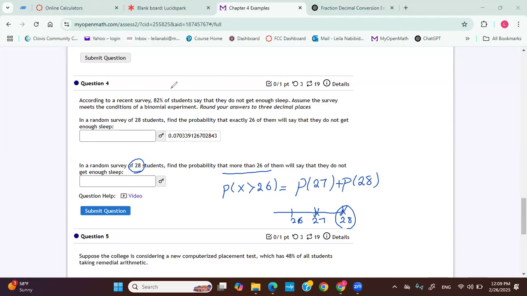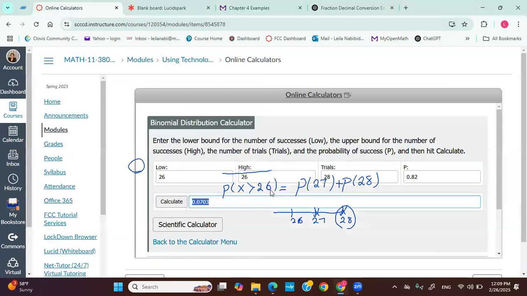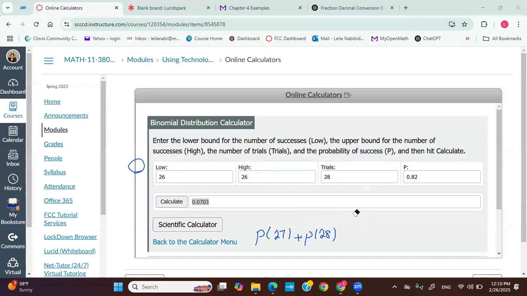But if you want to use the online calculator, the probability of 27 plus the probability of 28. The lower bound is 27, and the higher number is 28.